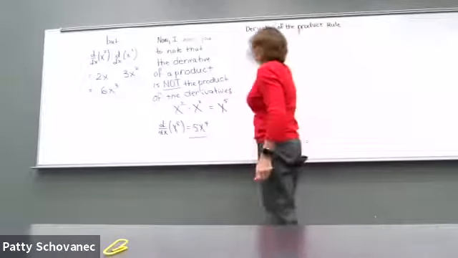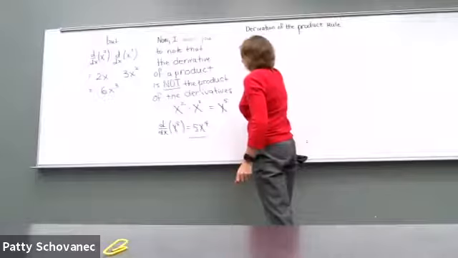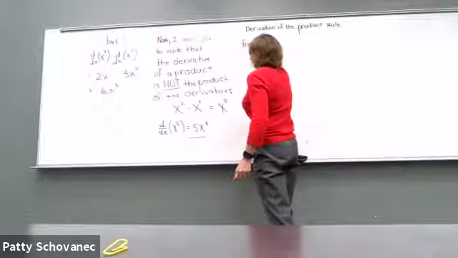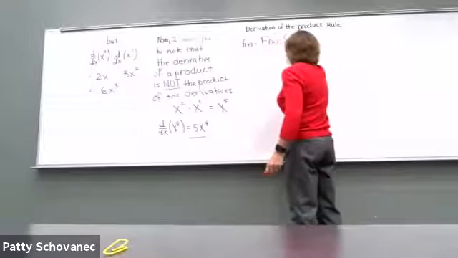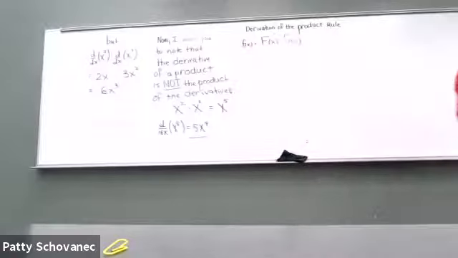I'm going to define my function little f of x to be a product of two terms, capital F for the first term and capital S for the second term, where those are both functions of x.